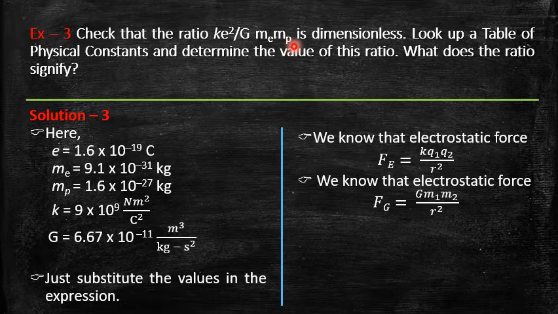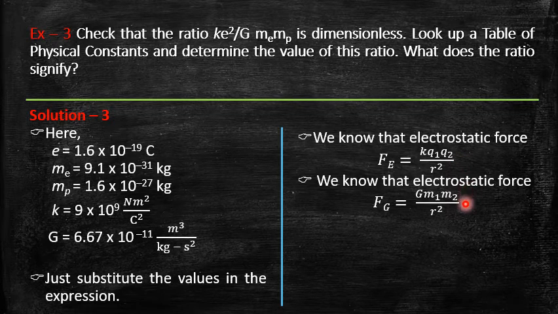Now, what if I take ratio of these two? Consider that here I am talking about electron and proton, then q1 is e and q2 is also e. What I'll have as Fe is k e square by r square, isn't it? And electron and proton may have masses Me and Mp. Then Fg will be G Me Mp by r square, and take ratio of these two.